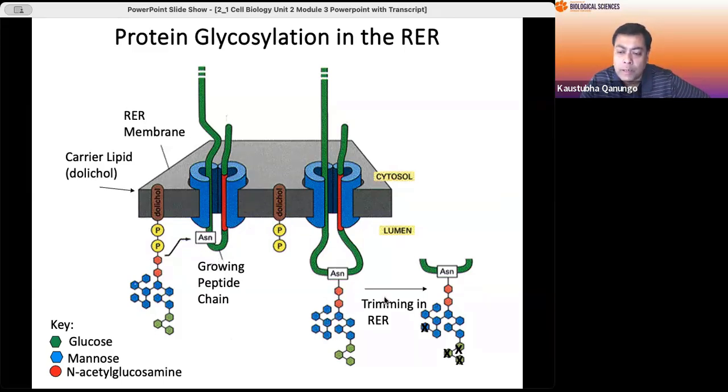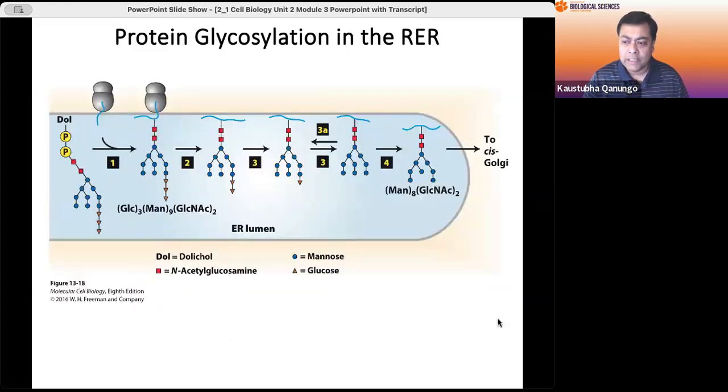Now, in the rough endoplasmic reticulum, we call this a trimming of the glycan. Some of these residues or the sugars are taken off. So all the glucose in green is gone, and one of these mannose is gone. So it ends up with this. So we are going to see this. And again, these are the separate steps.